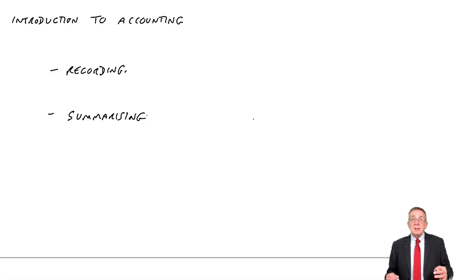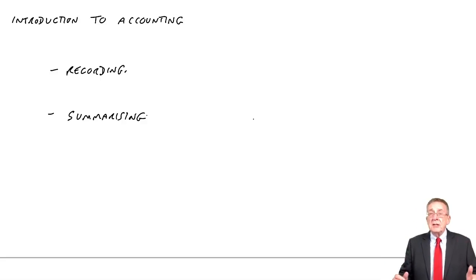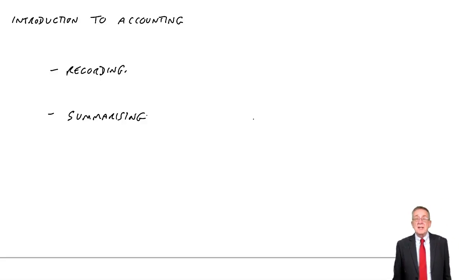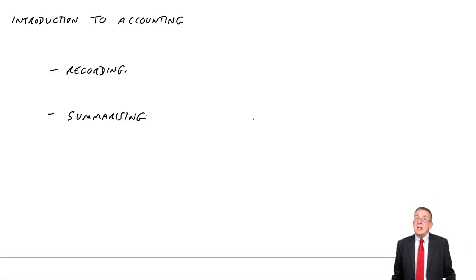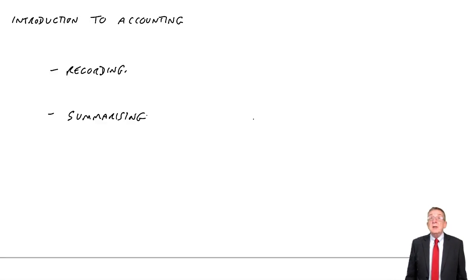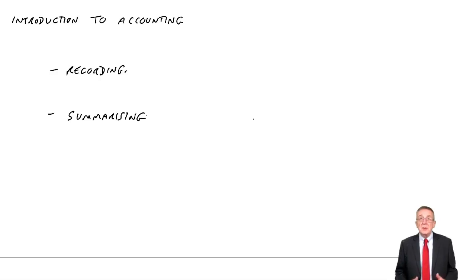On that statement, we'll want to show the total sales, the total purchases. We're not going to list every single sale, there'll be thousands of individual sales. We'll have recorded every time we've sold goods, but at the end of the year, we need to summarise.